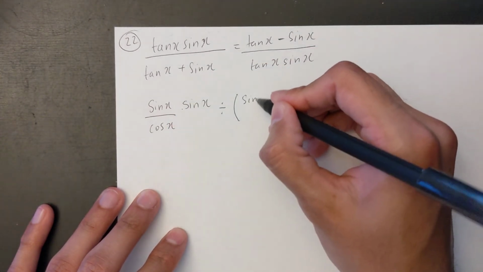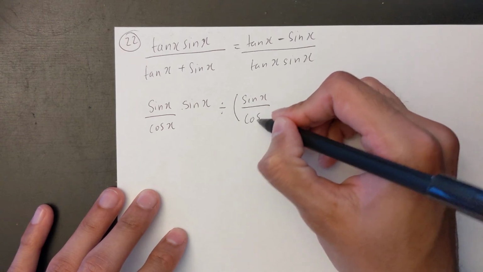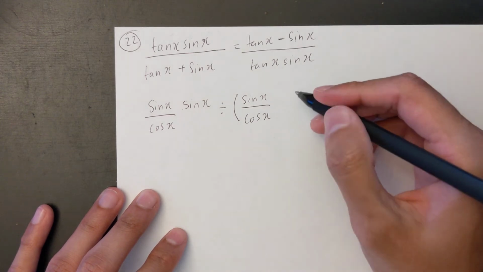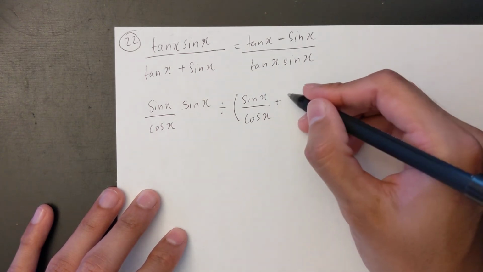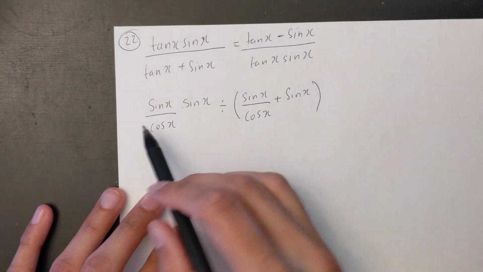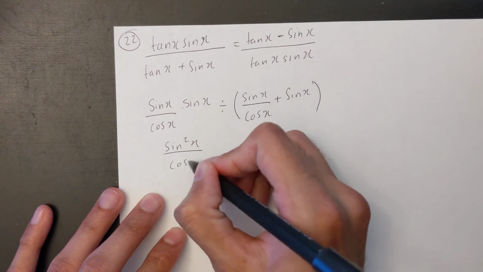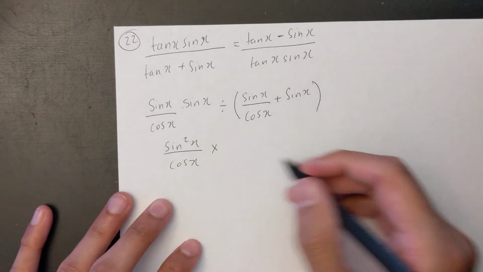Tan is sine x over cos x. Multiply those, so that's just sine square x over cos x divided by.